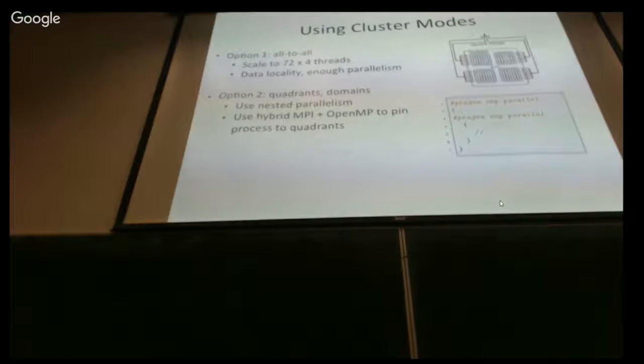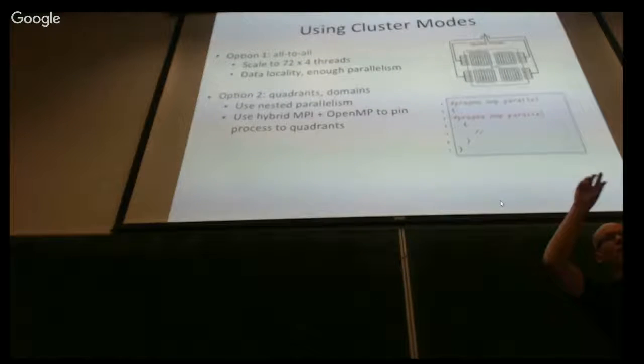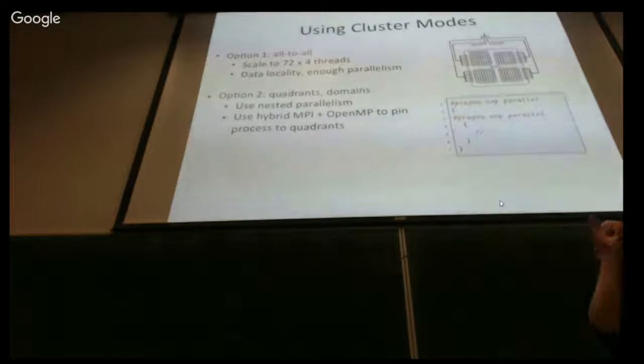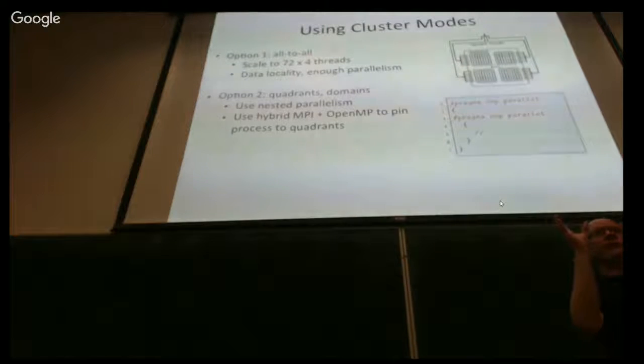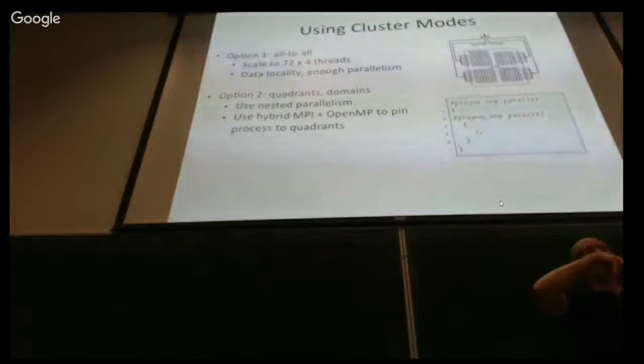So within a sub-NUMA configuration, you would typically have one MPI process per sub-NUMA on the KNL. And then you would use some hybrid programming model whereby you would spawn multiple threads per MPI process within the sub-NUMA mode. What that does, as I mentioned earlier on, is effectively configure the KNL so that it's a 4-socket node.